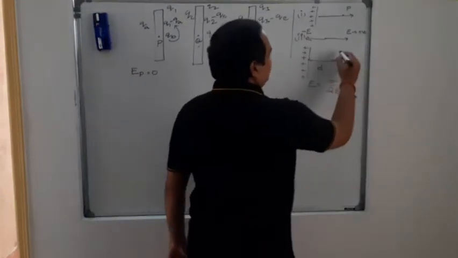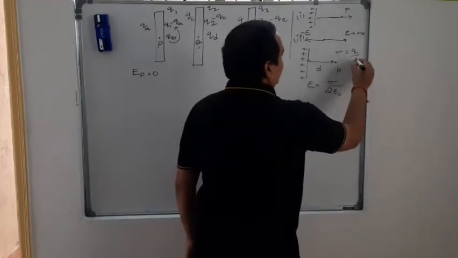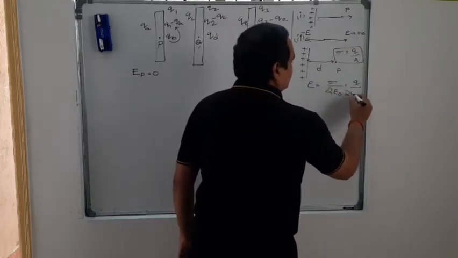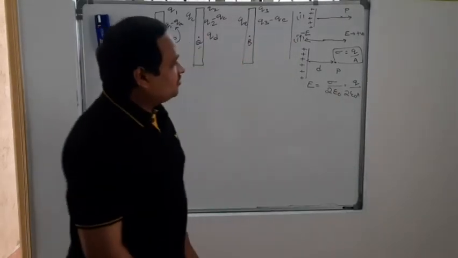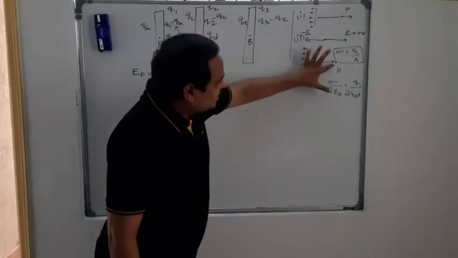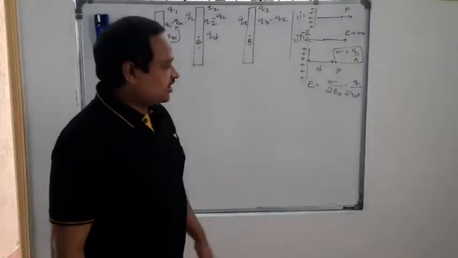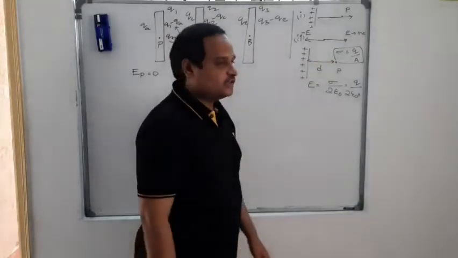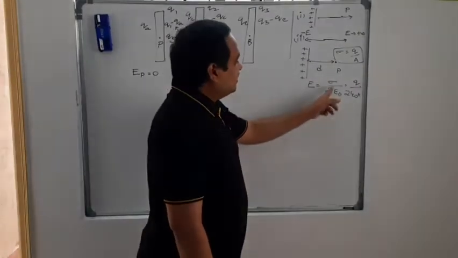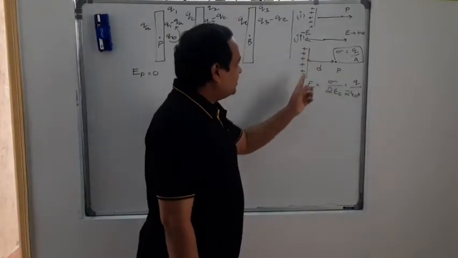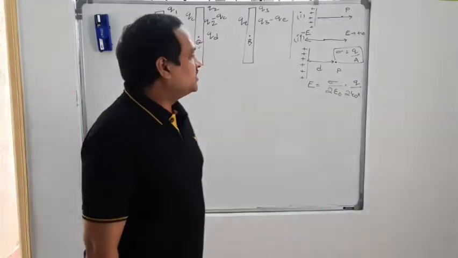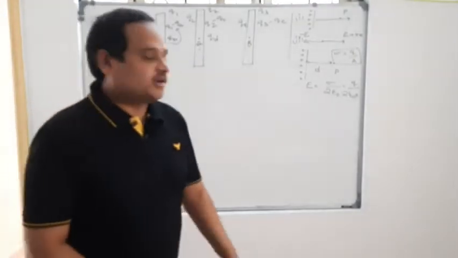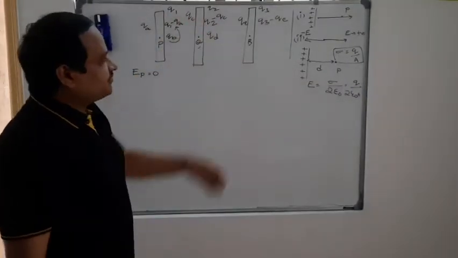That is, sigma equals Q by A. So if we write the sigma value, we get Q by 2 epsilon naught A as the electric field due to a charged plate at a point P, which is at a distance d. By this you can understand the electric field due to a charged plate is independent of distance. It only depends upon the charge distributed on the plate and the area of cross section of the plate. So these are the 3 points I am going to use in this expression to prove what are the charges that distribute on each plate.